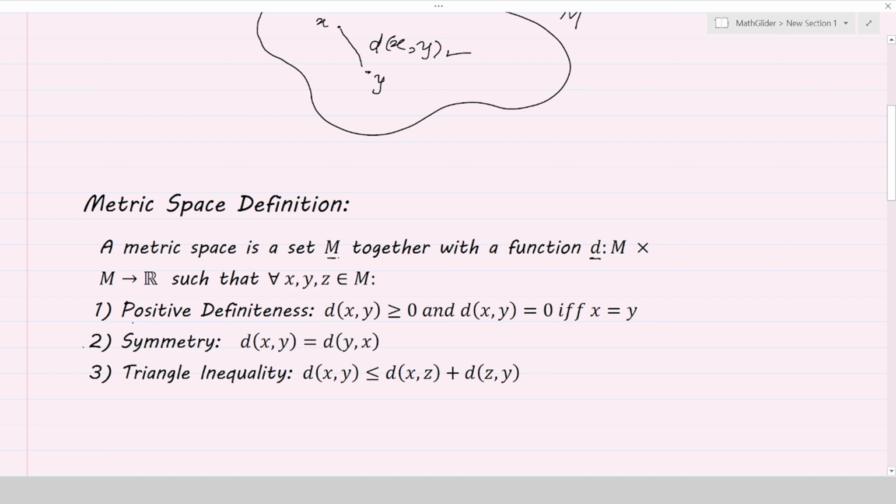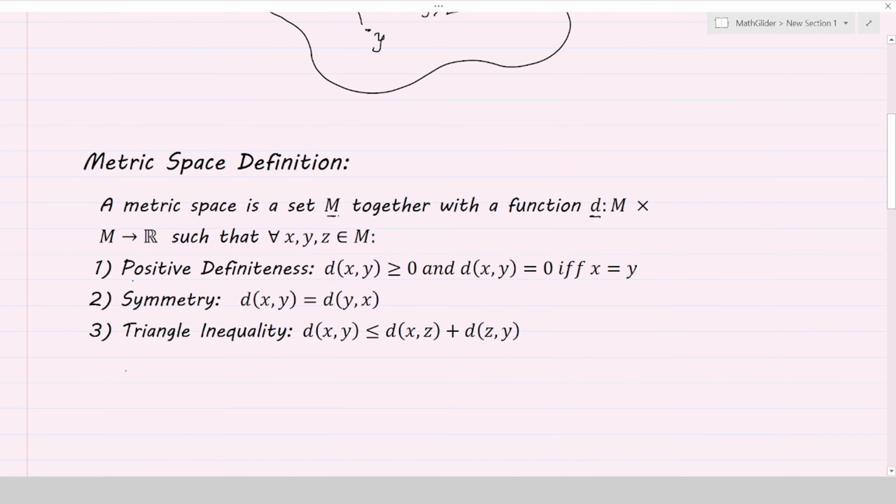The second property is symmetry, which says the distance between x, y is the same as the distance between y, x. Straightforward to understand. And the third property is triangle inequality, which says the distance between x, y is less than or equal to the distance between x, z plus the distance between z, y.